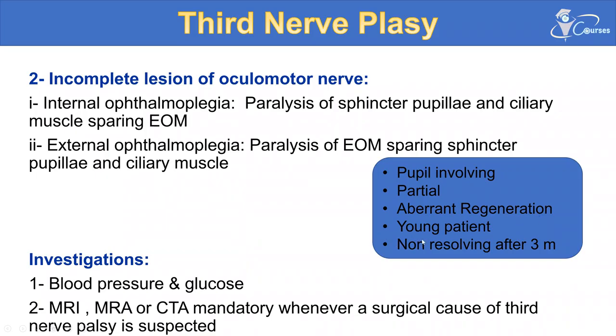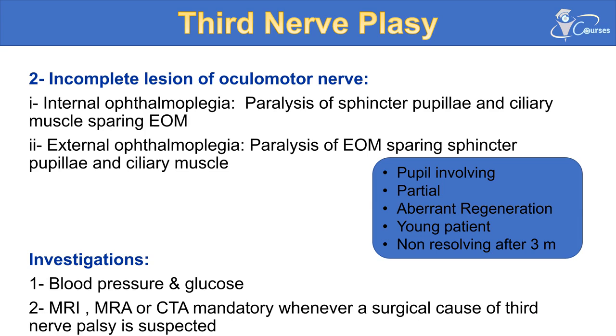This is very important. All young patients should be subjected to neuroimaging. So whenever you see a scenario in the exam of a patient with a third nerve palsy and he is young, and they ask you what will be the most likely next step, you should do neuroimaging for the exclusion of posterior communicating artery aneurysm.